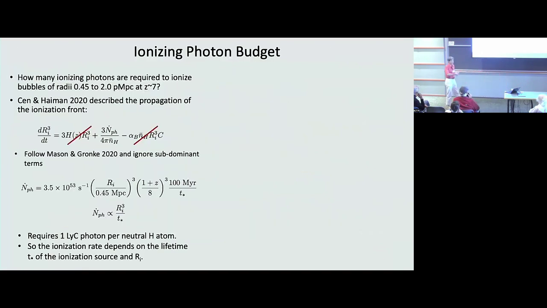So we want to use the sizes of these ionized bubbles to get an idea of what the ionization rate of the IGM was. And here's an equation from Sen and Hyman describing the propagation of the ionization front.